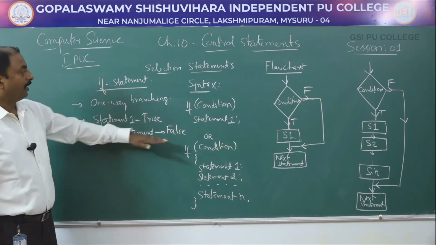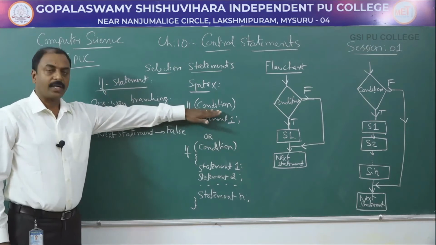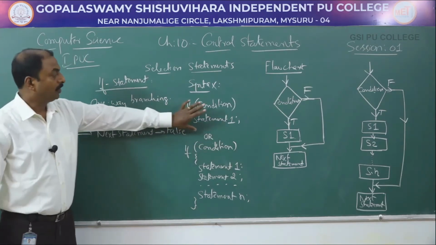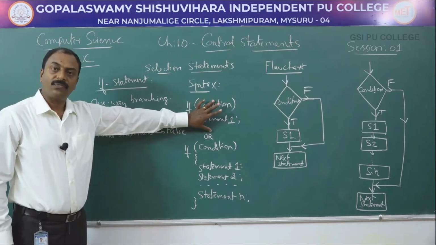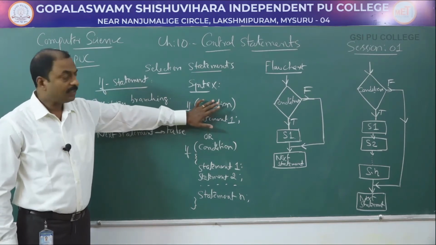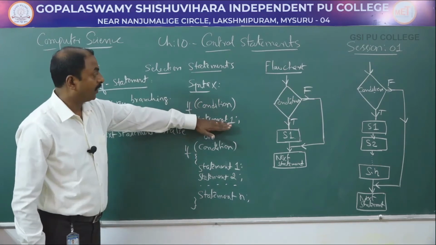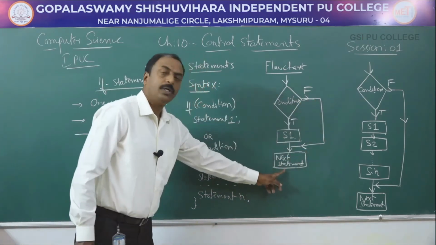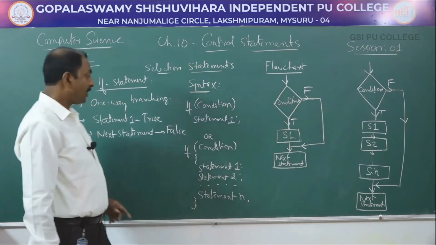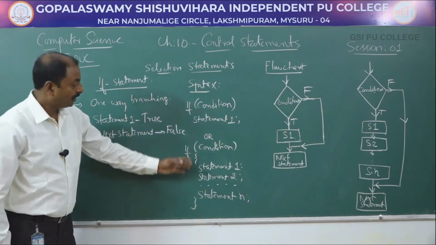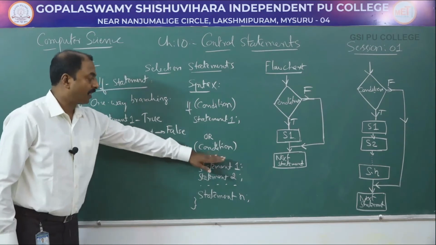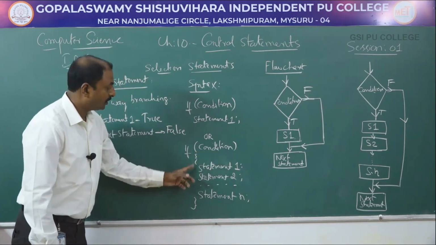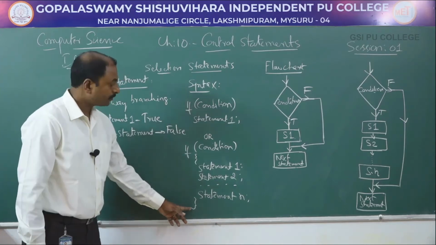So here in this syntax, if condition is true, it executes the statement 1. Suppose if the condition fails, it will not execute statement 1 as we showed in the flow chart. If condition fails, it goes to next statement. Similarly, in the syntax, if condition is true, it executes the statements within this pair of brackets.